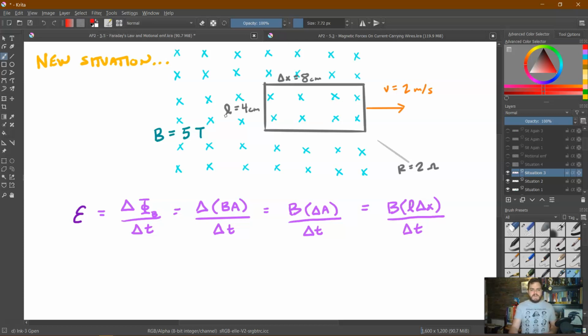Well, it's going to be equal to this side L times whatever part of this side over here that is still in the field, which we're going to label as delta X, and then over delta T. But something we can notice is that delta X over delta T is the same thing as velocity. And so therefore I end up with this more simplified equation that epsilon is equal to BLV.